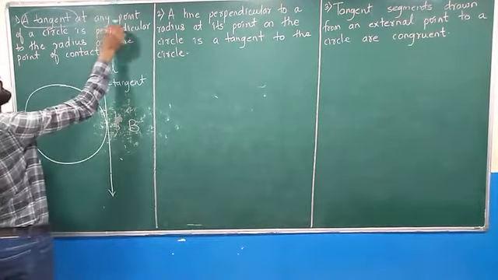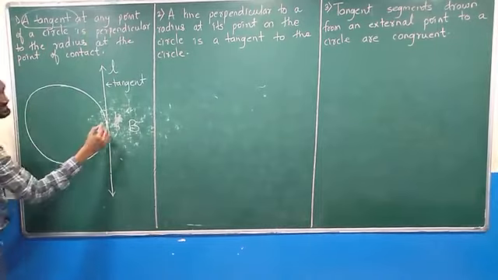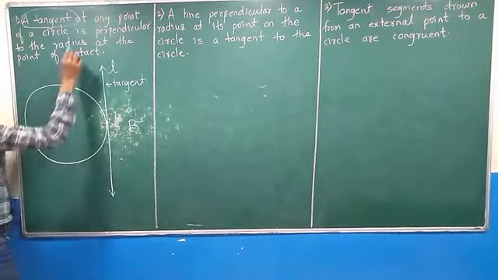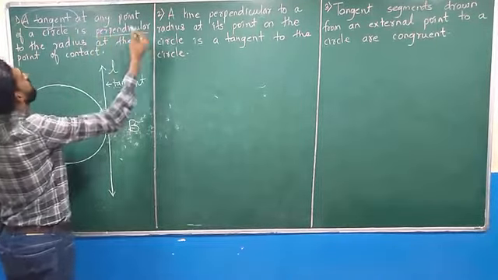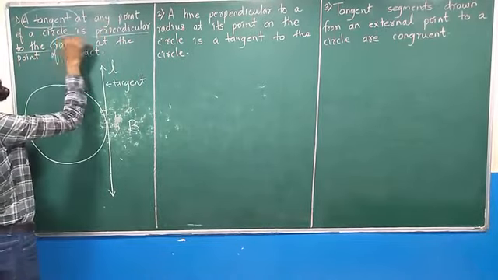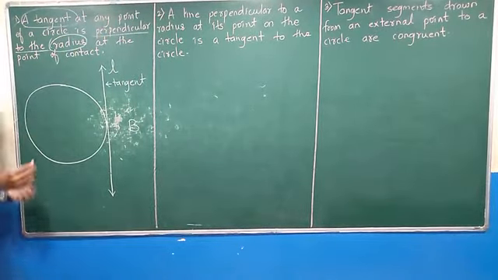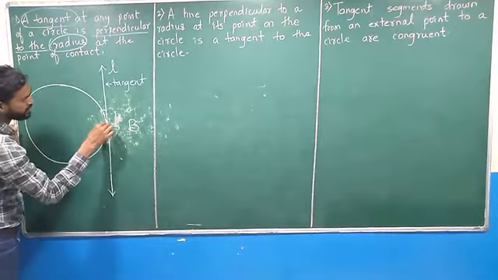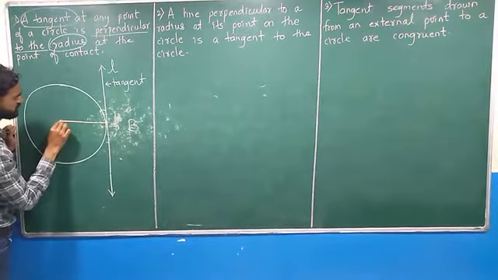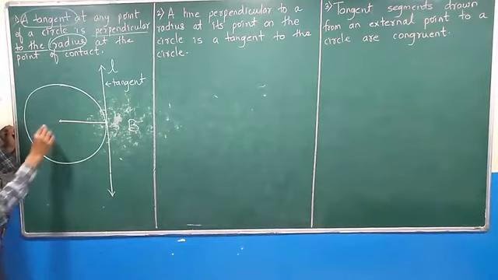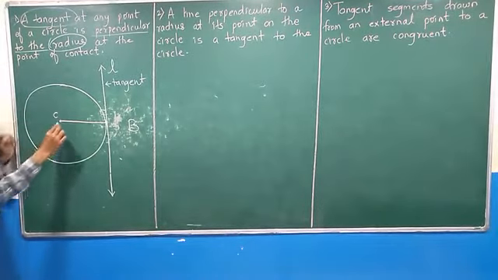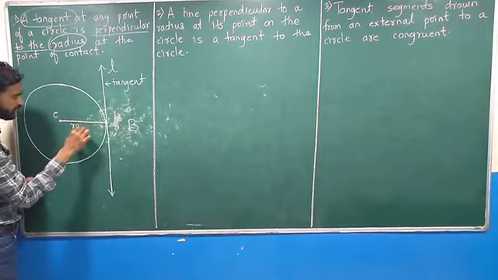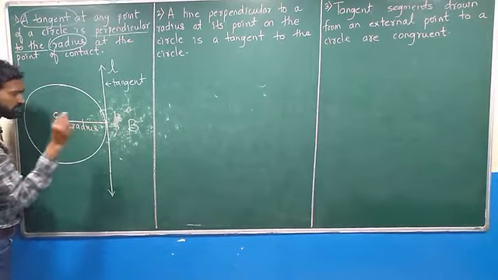Now next. At any point of a circle, the tangent at the point P is perpendicular to what? To the radius. Now from that same point B, if I draw a radius, let's say my center is C. So CB is my radius, right?